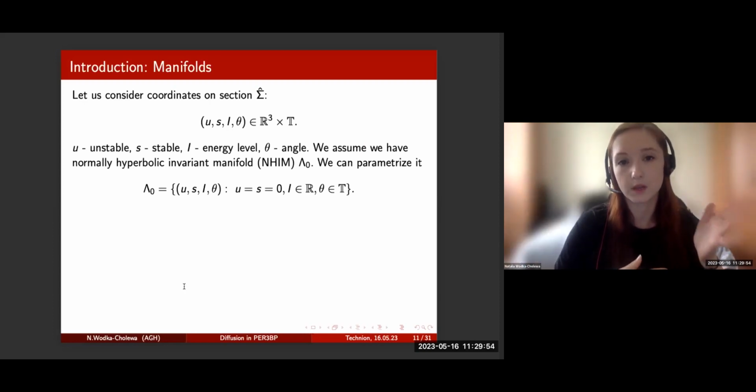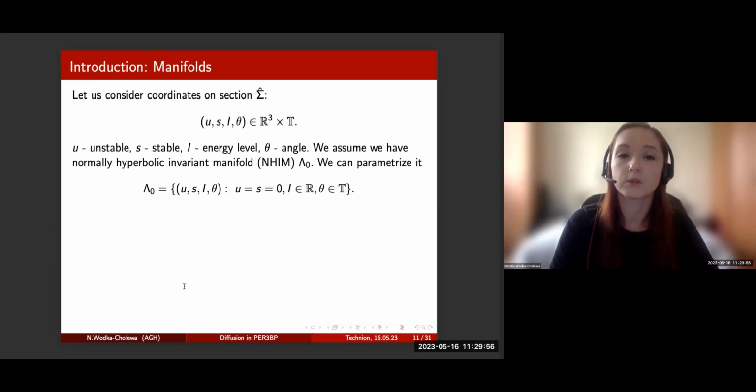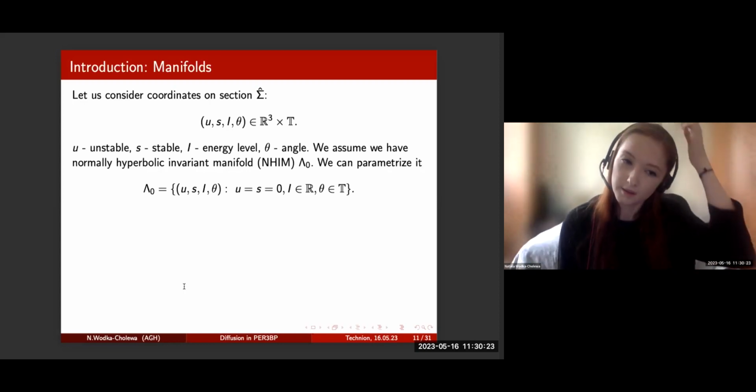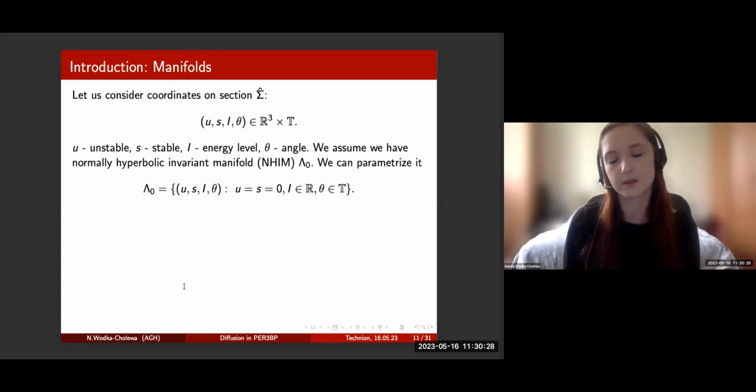One will be connected to the stable direction. One will be connected to the energy level. So if you have a Hamiltonian, you can always calculate the energy for your point. So this will be for us now one of the coordinates, and theta will be, we will say it's an action variable, but it's an angle. It will be on the torus. As I said before, you can say it's an interval 0 to 1, or you can think about it as an angle from 0 to 2 pi.